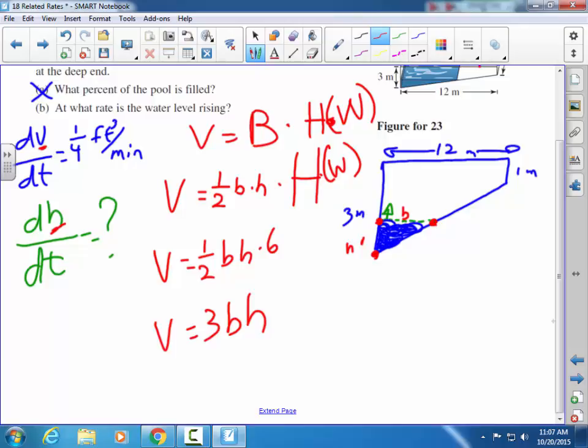So is there a relationship between B and H? Tell me what it is. 12 is to 3 as B is to H. Can everybody see that? 12 is this distance from here to here. 3 is that distance there to there?